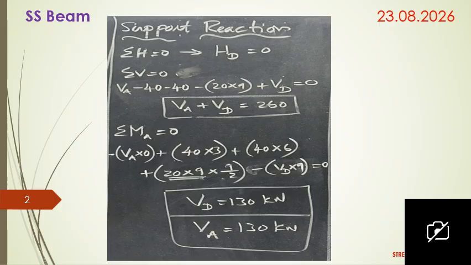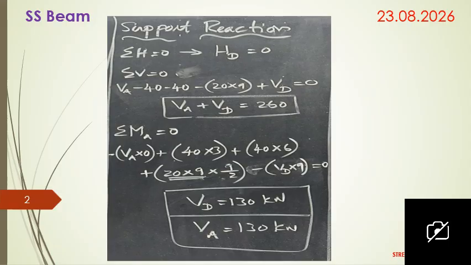Here we are taking clockwise as positive and anti-clockwise moment as negative. So VA into 0 plus 40 into 3 plus 40 into 6 plus 20 into 9 into 9/2, that is for the UDL, minus VD into 9 equal to 0. Here the support reaction VD gives the anti-clockwise moment, so we have used the negative sign.